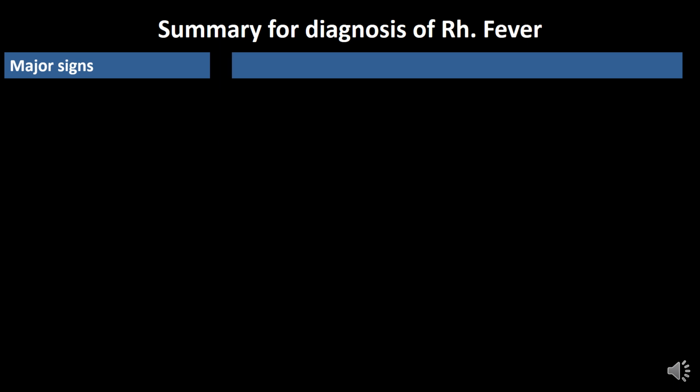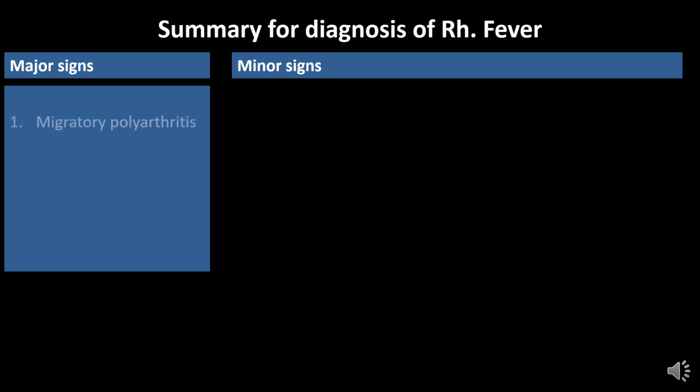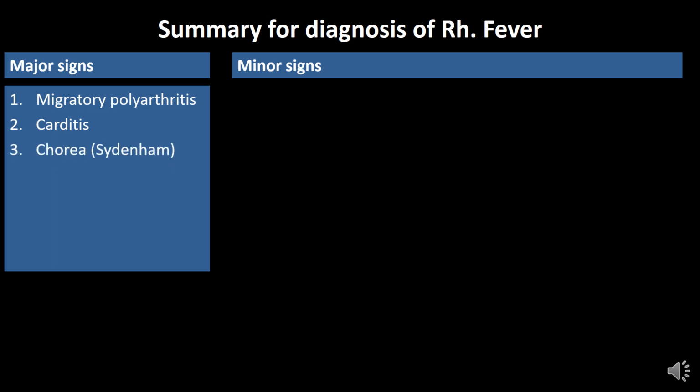So let us look at the summary for making a diagnosis of rheumatic fever. We have the major signs, remember, and we also have the minor signs. Of the major signs, remember the migratory polyarthritis and its behavior and nature, carditis, the murmurs, the tachycardia, the cardiomegaly plus or minus heart failure, chorea, which is the Sydenham chorea, the uncoordinated movements, the mood changes, the poor performance in school, and so on and so forth.